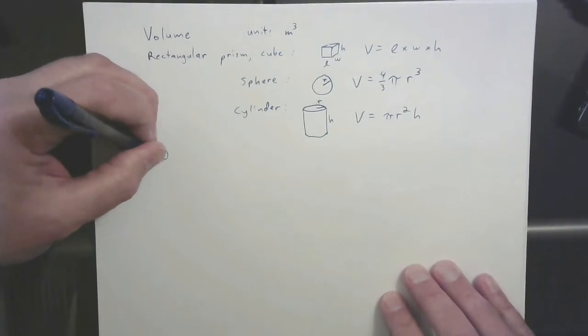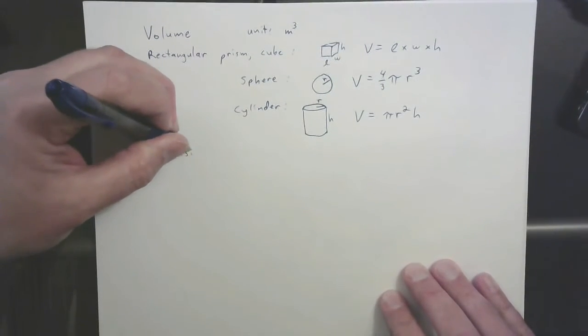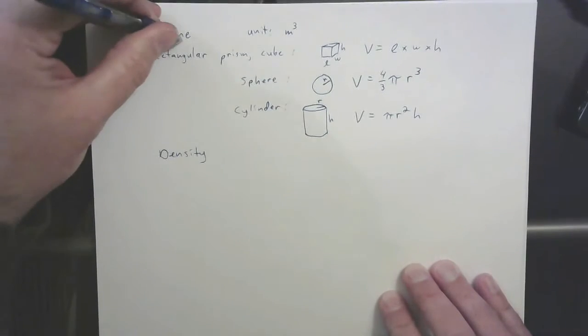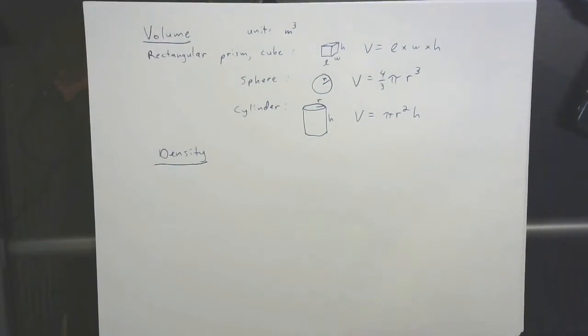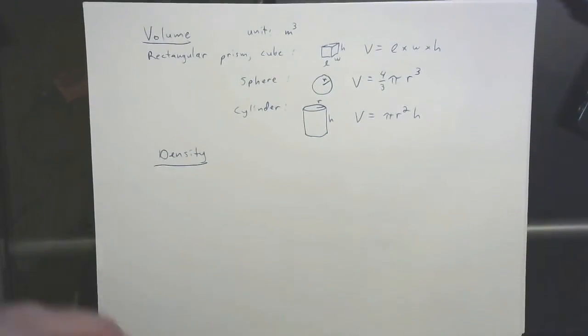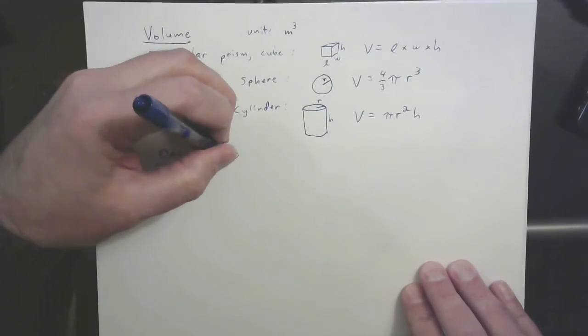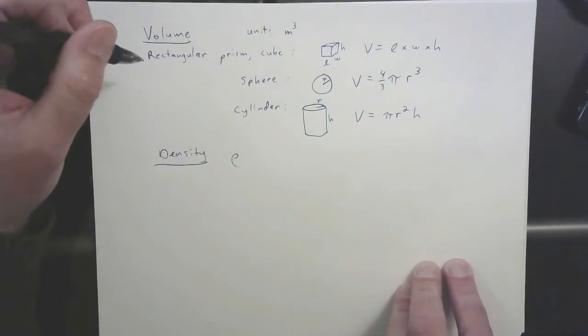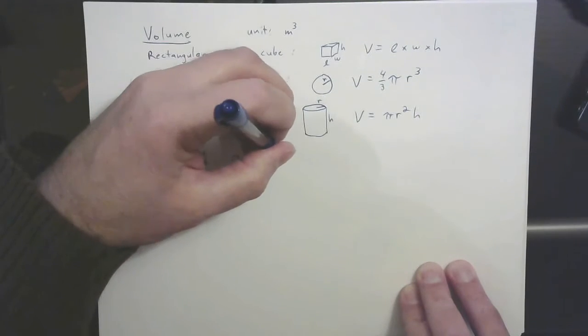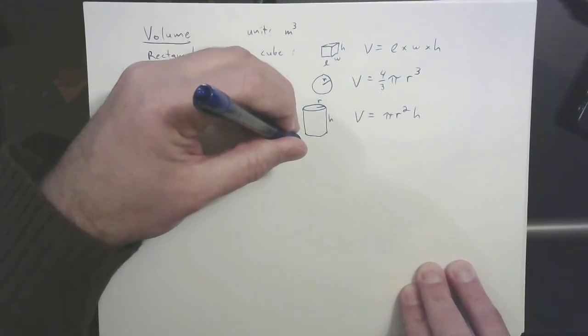The other thing, density. Let's go on to density. So volume and density are our two topics right now. Density is usually given the letter rho, and that's the Greek r.